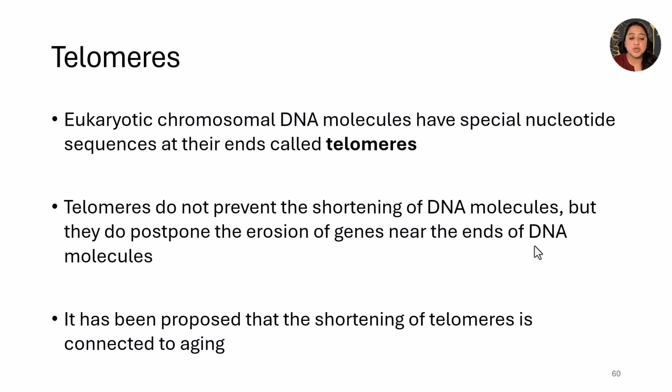So telomeres don't prevent the shortening of the DNA molecules, but they are just kind of like fluff, like random stuff that doesn't code for anything specifically. So it's fine if it gets cut off because it didn't do anything anyway. So telomeres just postpone the erosion of genes near the ends of the DNA molecules. And it has been proposed that shortening of telomeres is connected to aging.